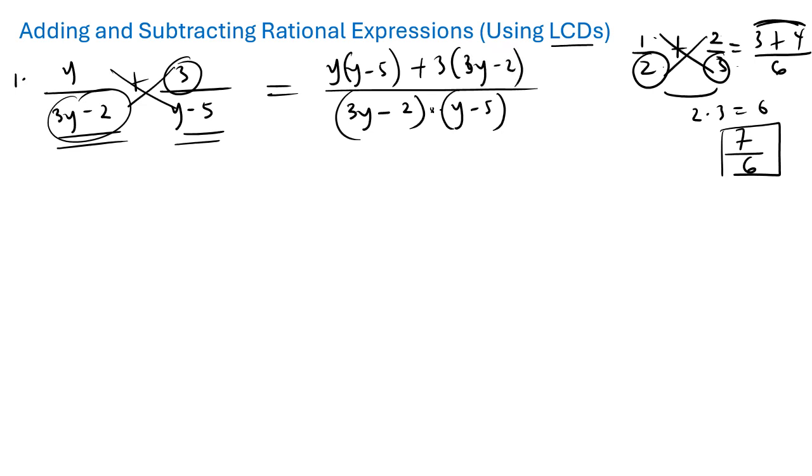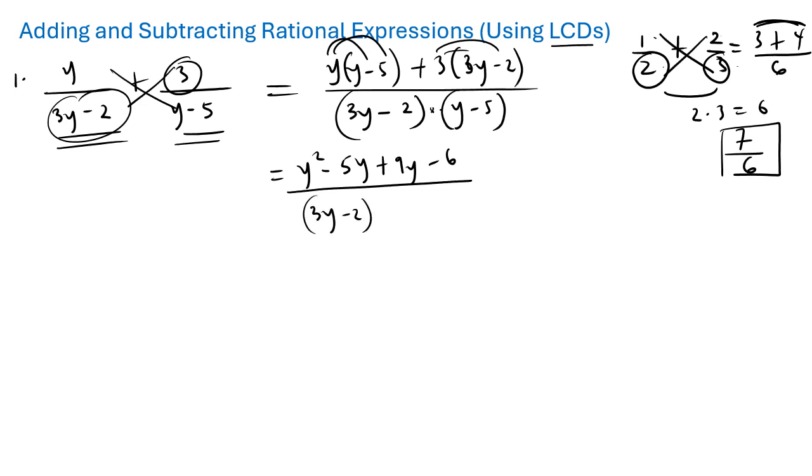Here we can simplify further, and just by distributive property we get y squared minus 5y plus 9y. Then the final one is going to be negative 6, and then you're going to divide all of that by 3y minus 2 times y minus 5.